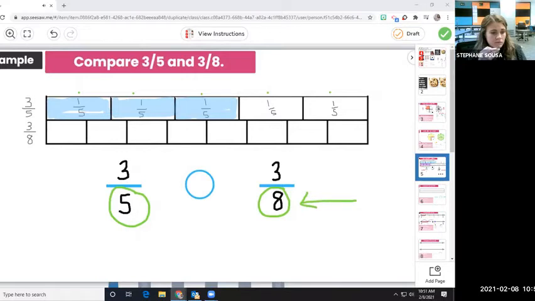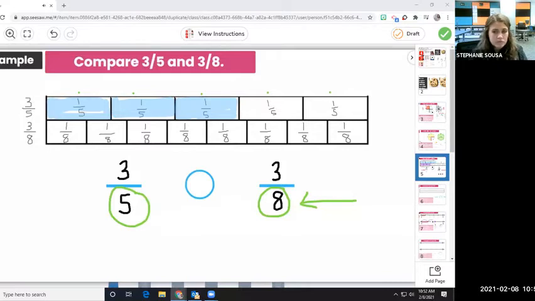I know that each part of the bottom model is also a unit fraction. The unit fraction always has a numerator of 1, so my unit fraction is 1/8. After I label each part with the unit fraction, I can represent the fraction given.